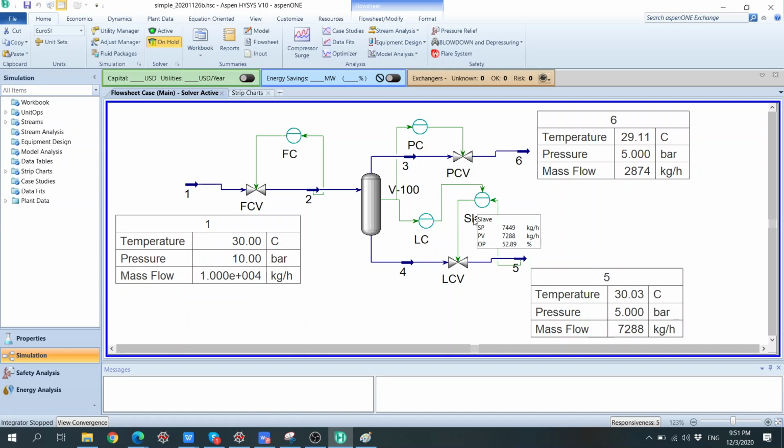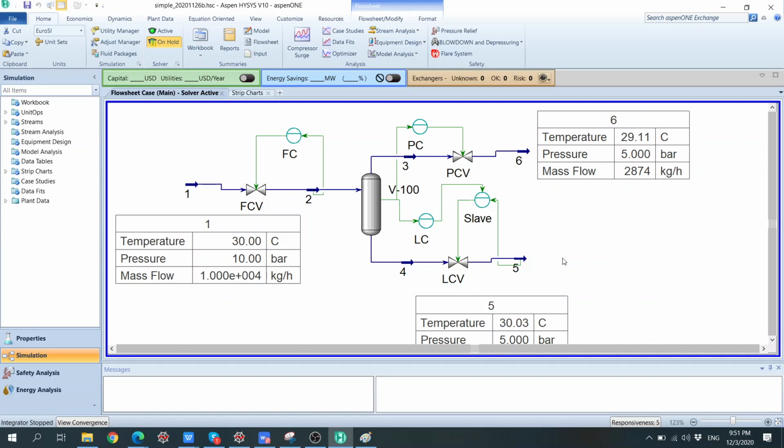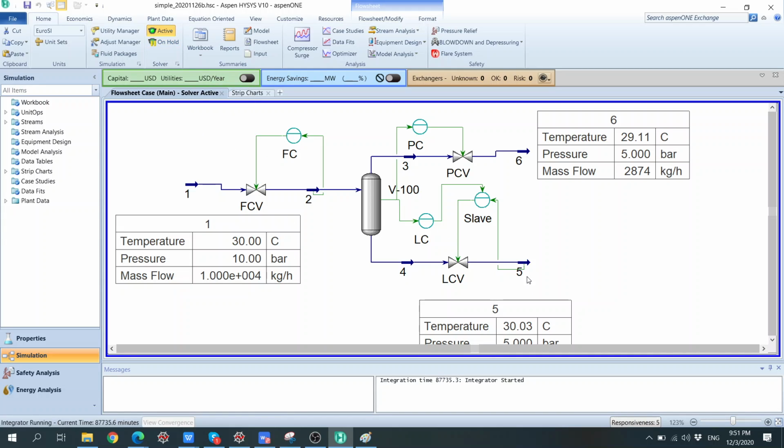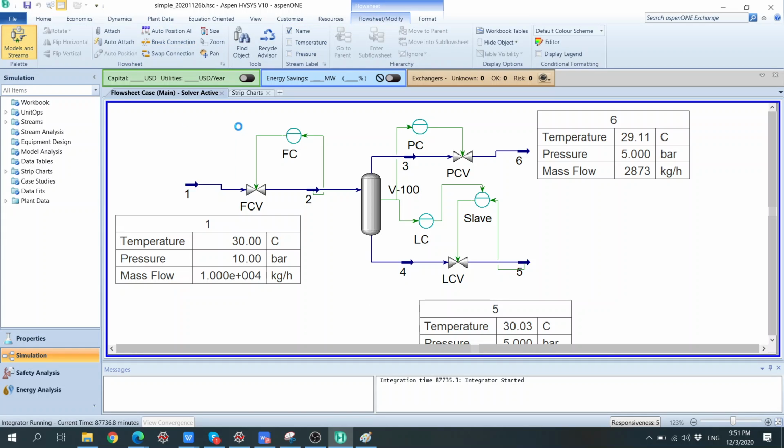We could also do, I think, in this case, let's do it this way. We are going to make another one. We're going to hit this flow rate, this stream. What's the temperature of the stream? 30 degrees C. So we can hit that. Active, and then the flow sheet model.